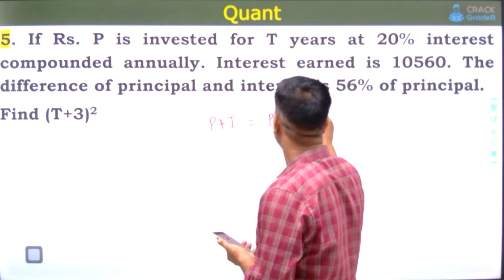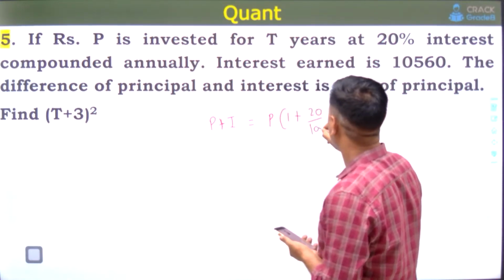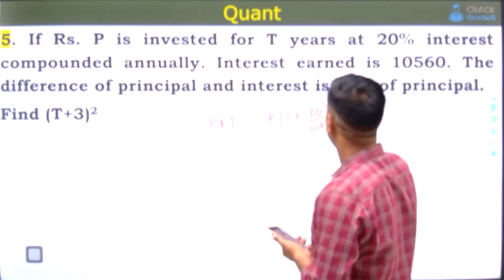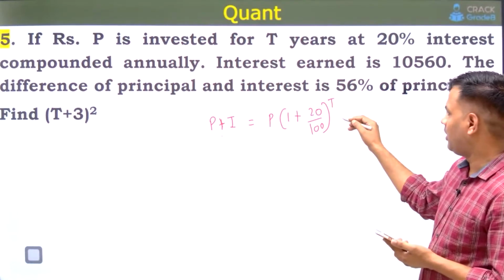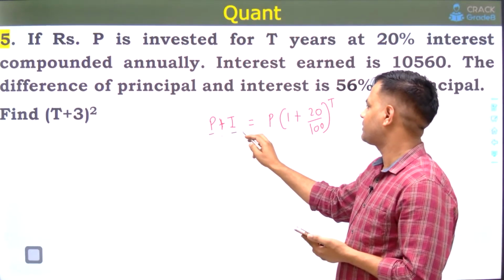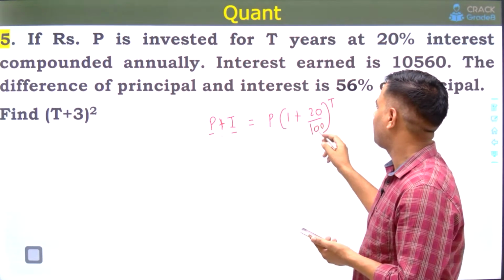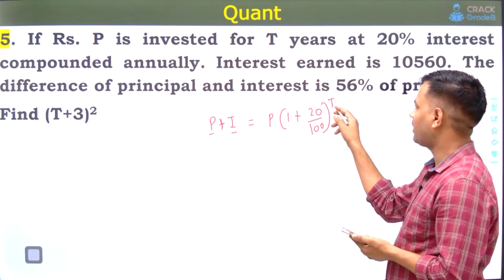So p into 1 plus r, the rate of interest, to the power t. This will be the equation: principal plus interest equal to p into 1 plus 20 by 100 to the power t.